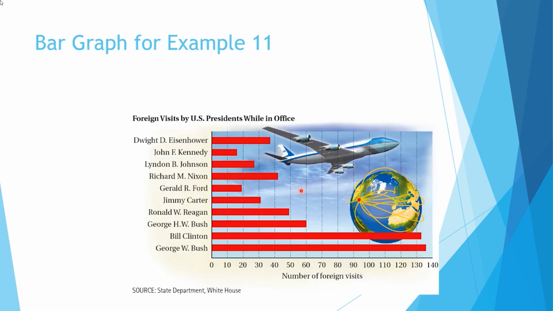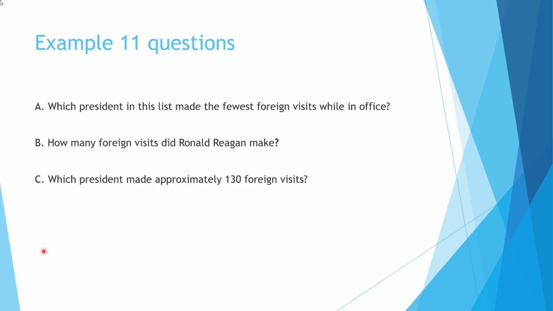Go back to the graph again. 130 visits. Right here, you look at the 130 line, it looks like Bill Clinton. So Bill Clinton.